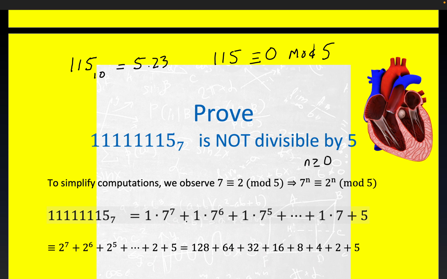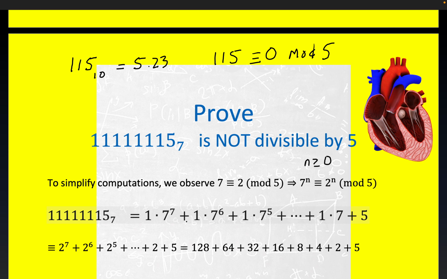Now, 7 gets replaced with 2 in all these locations: 2, 2, 2, 2, and the congruent symbol. You see the congruent symbol, not the equality symbol. Now, why is that important? Well, it's just easier to compute 2 to the 7th than 7 to the 7th, right? So let's go across here.